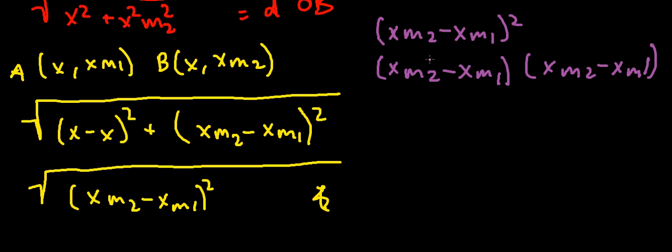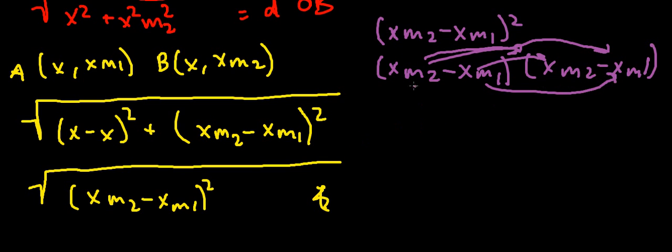We're going to have to FOIL this out. So xM2 times xM2 is x squared M2 squared.